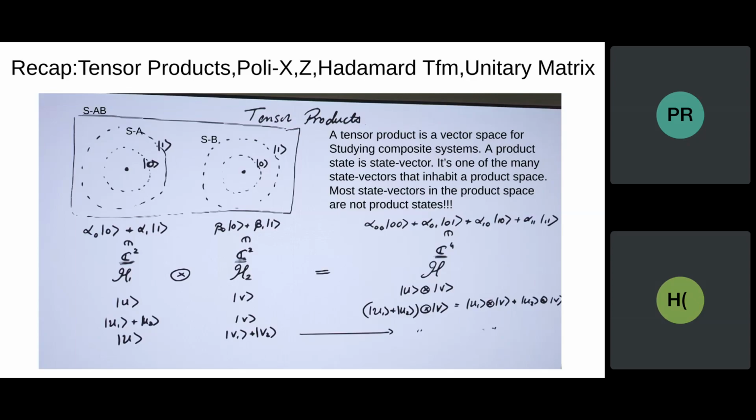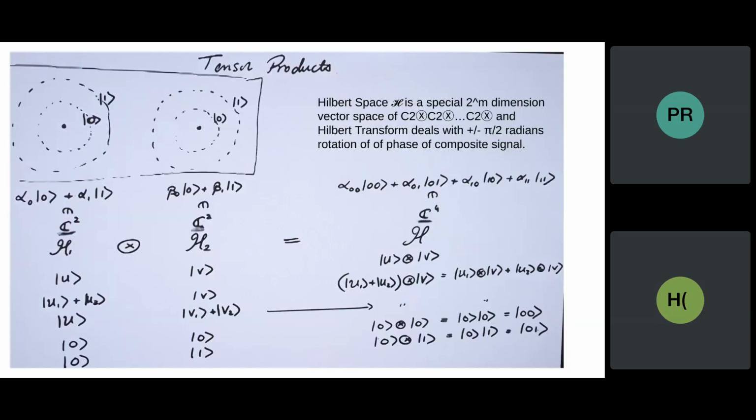State vectors in the product basis are basis states, but not all state vectors are basis states. That is the important part. There may be more state vectors which we call entangled, we'll come to that. But at this time, we are only talking of the factorable states. Okay, that's the tensor product. So tensor products help us in studying the system A and B. Let's continue further.